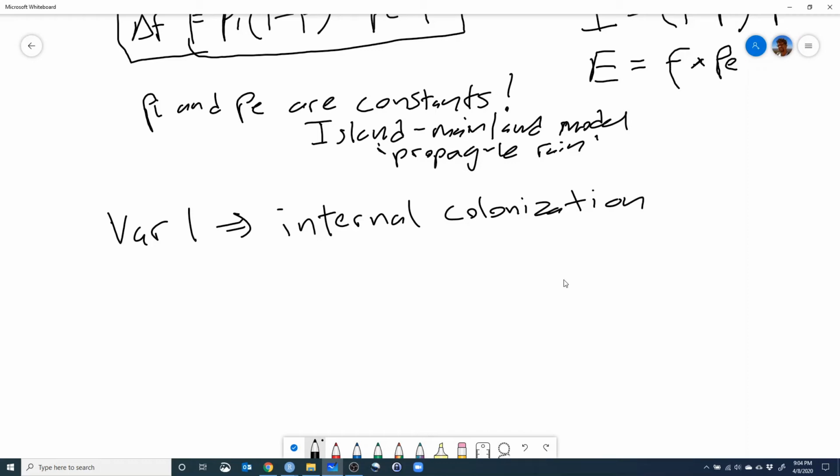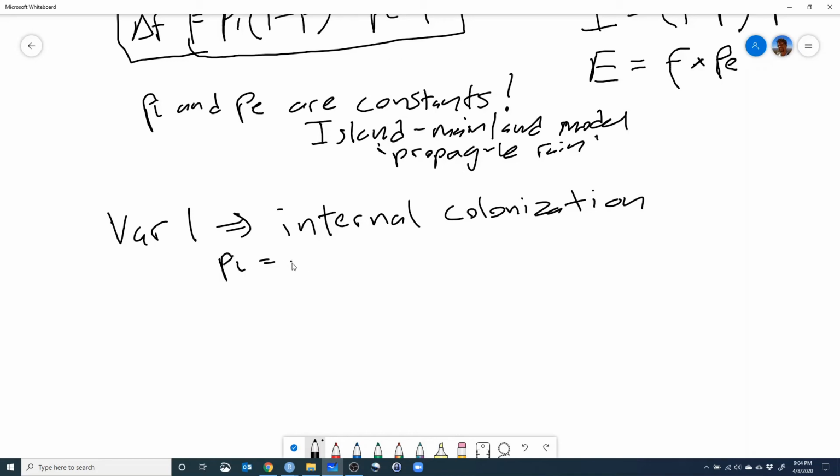So one thing that you would expect in this model would be that when there's complete extirpation of the metapopulation, when there's global extirpation, there should be a colonization rate of 0 because there are no potential sources of immigrants or colonists. All right, so we can now make pi a function of f, right?